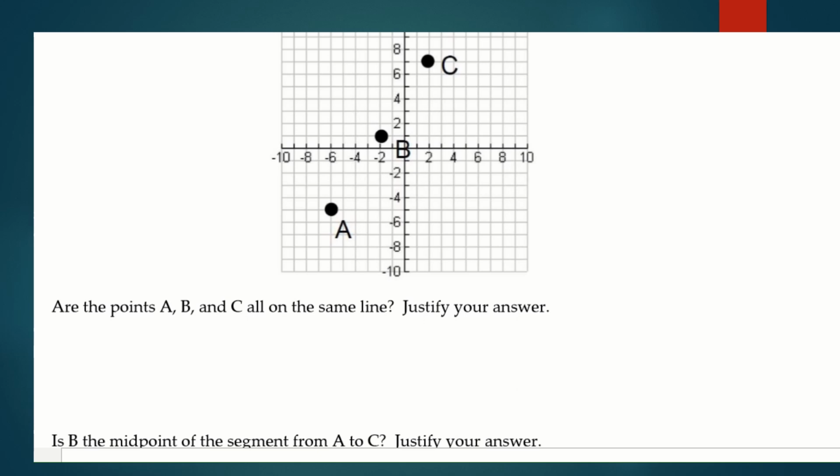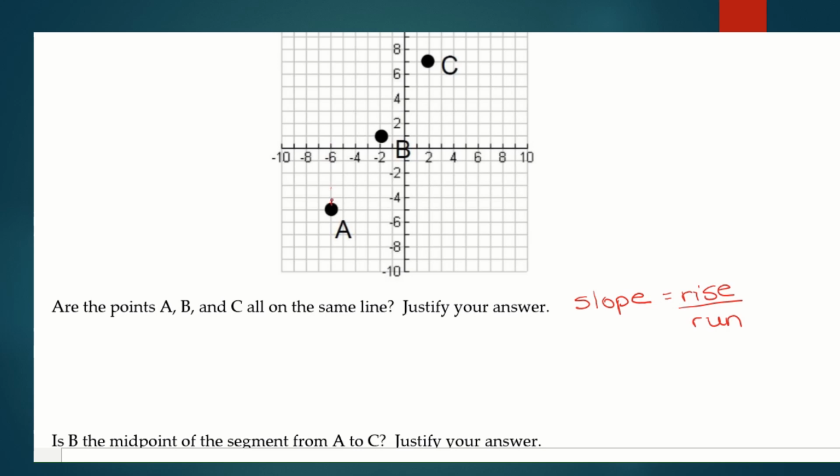So here's where slope triangles, or that rise over run, come into play to help us. We're going to use slope, which again is rise over run, to help us see if these 3 points are on the same line. If they have the same slope between them, then they are on the same line. So let's take a look. If I go from point A to point B, I'm going to rise 1, 2, 3, 4, 5, 6.